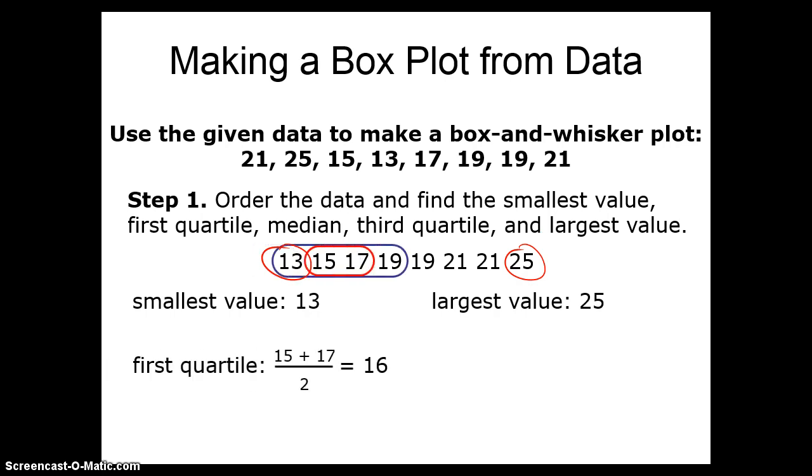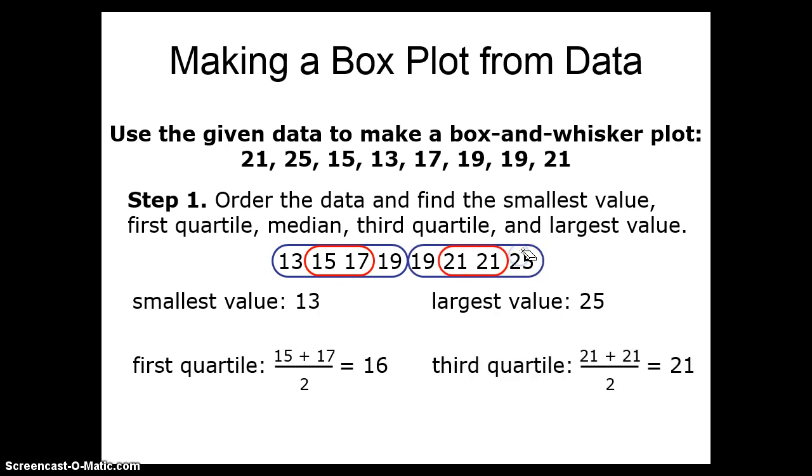I find the first quartile, which is the median of the lower half of the data. Then I find the third quartile, which is the median of the upper half of the data. And I have to also find the median of the data.